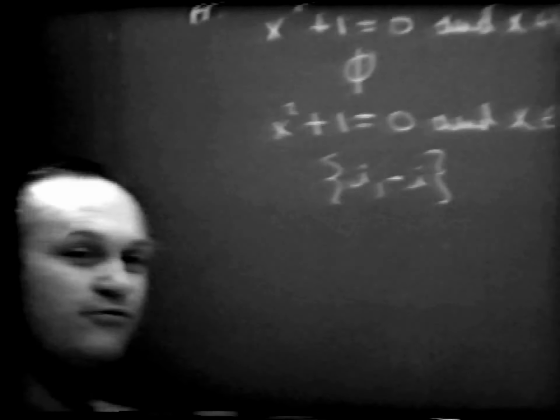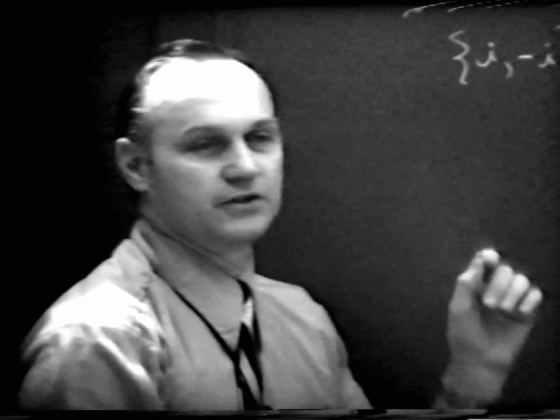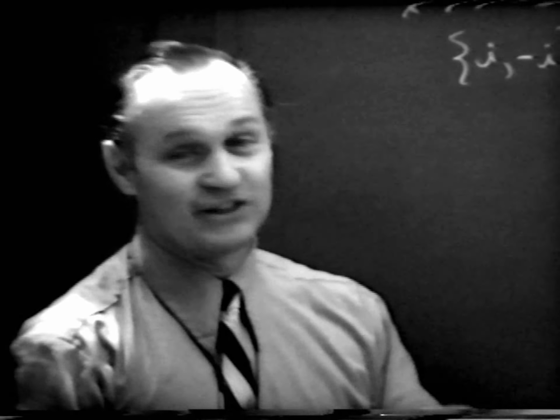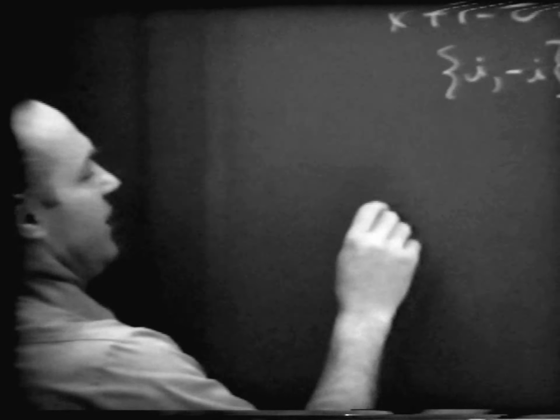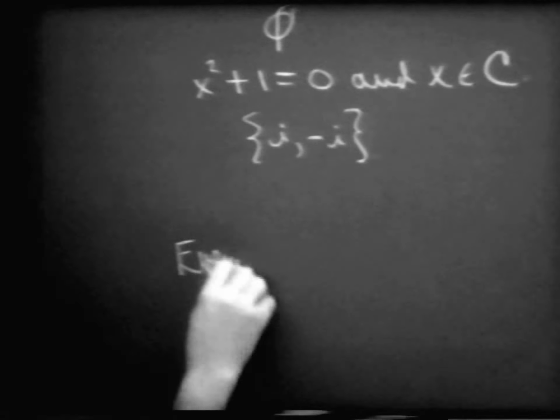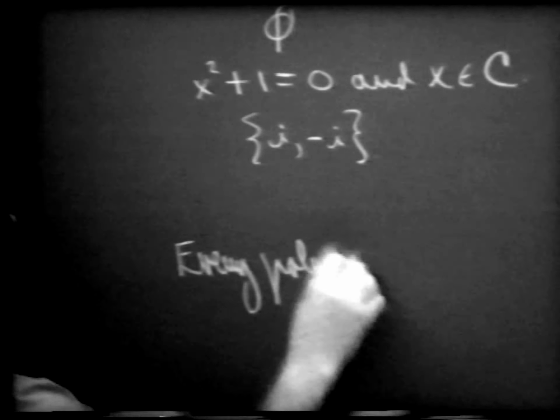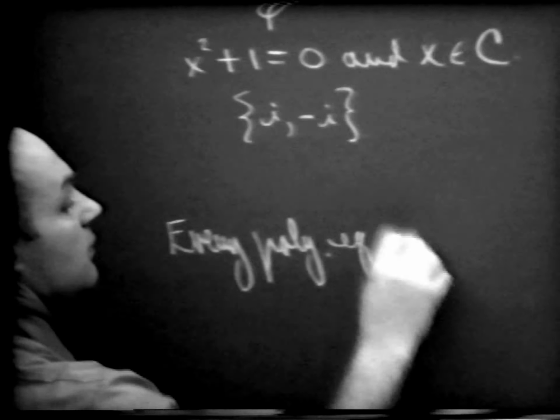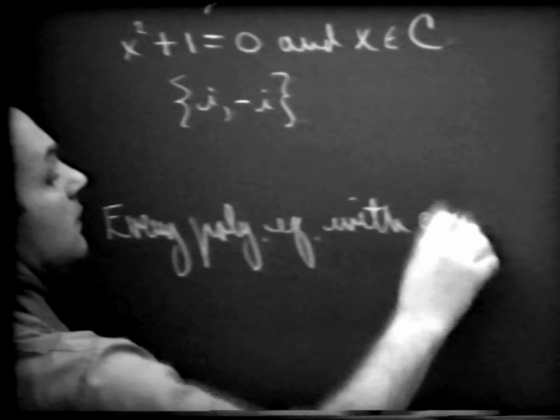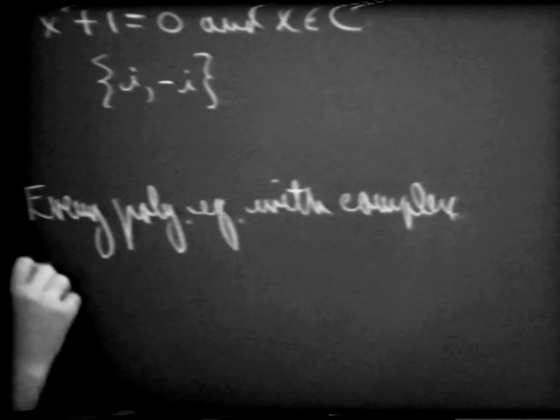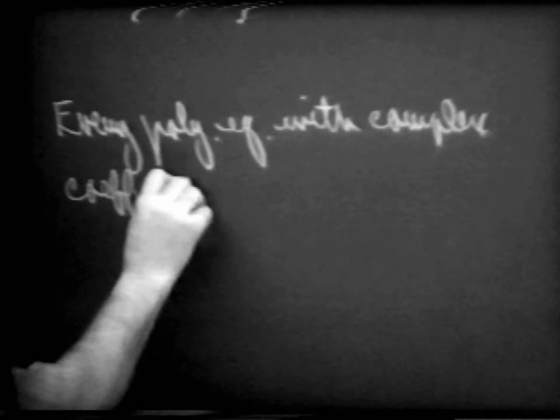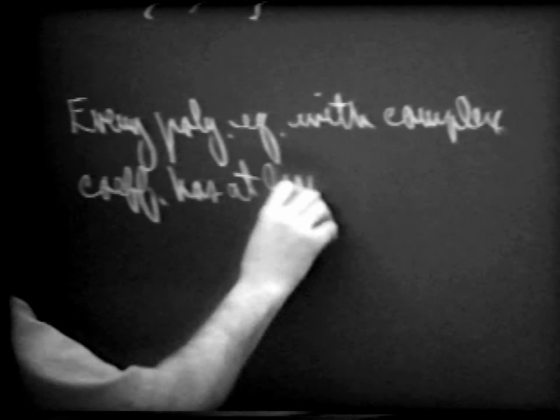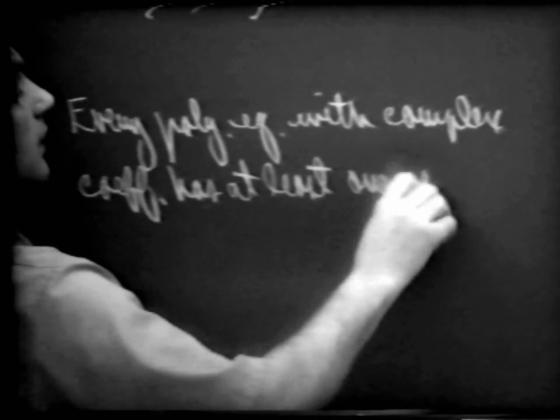Now, there's a very basic theorem that we are going to rely on. It's so fundamental that it's given a special name, the fundamental theorem of algebra. What that theorem says is that every polynomial equation with complex coefficients has at least one complex root.